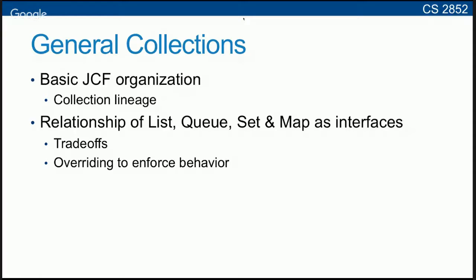Nominally in your declaration, you will say that your variable is of type list or queue or map, and then we instantiate it with a particular implementation type. That is handy to know.